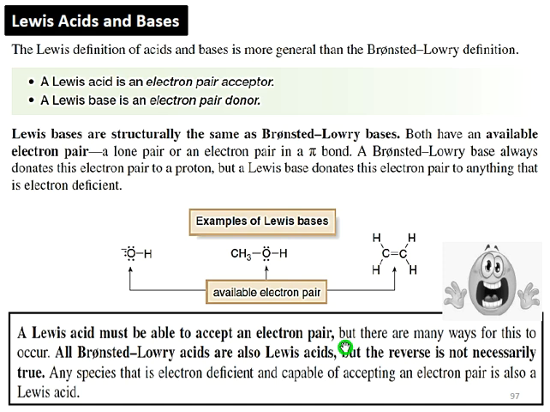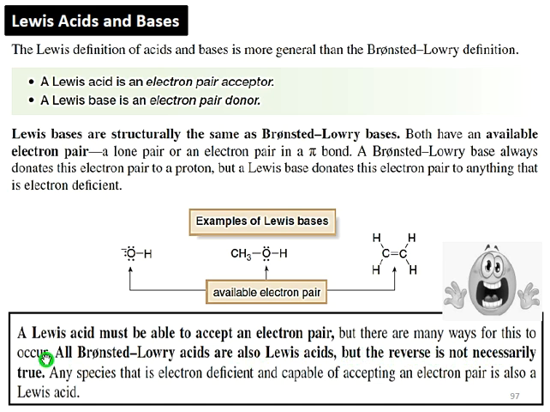Okay, how to accept? There are many ways, and all Bronsted-Lowry acids, look, all Bronsted-Lowry acids are also Lewis acids. It doesn't say all the Lewis acids are Bronsted-Lowry acids. No, that is wrong. But all Bronsted-Lowry acids are Lewis acids, but the reverse is not necessarily true.